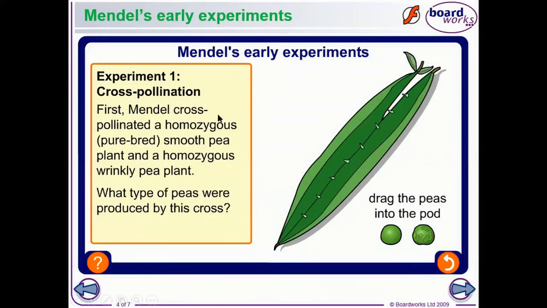For example, look at this. Say I have two types or shapes of seeds. You can see this is a smooth seed, and this is a wrinkled seed.